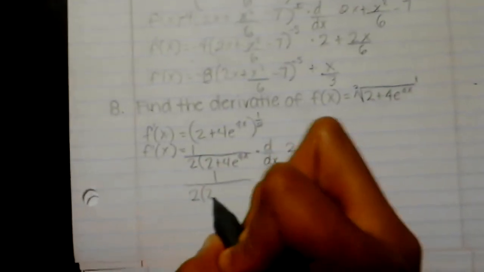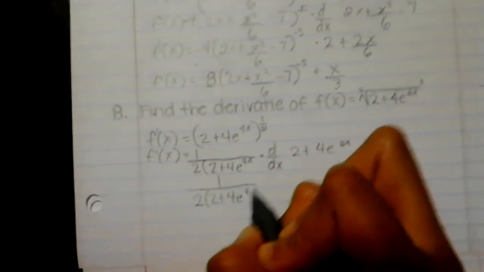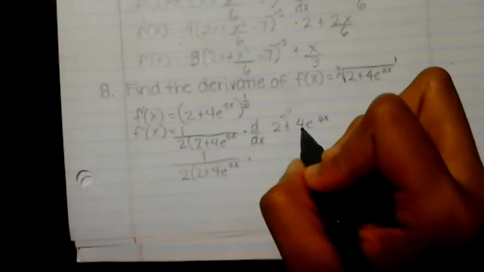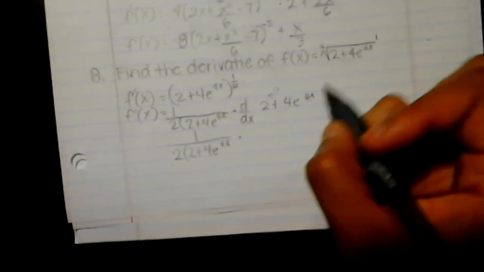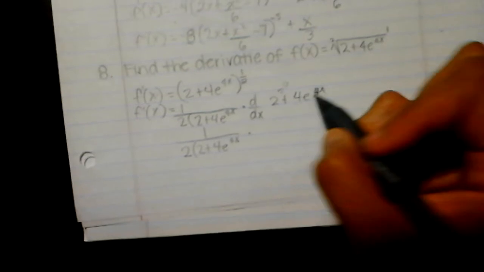So I rewrite the equation again, 2 plus 4e to the 4x, times the derivative of 2 is 0, that equals 0, and the derivative of, you will multiply the 4 in front of this 4 because you're trying to find the derivative of it, but this does not change. E to the x will always be e to the x, so it'll just still stay the same as e to the 4x.